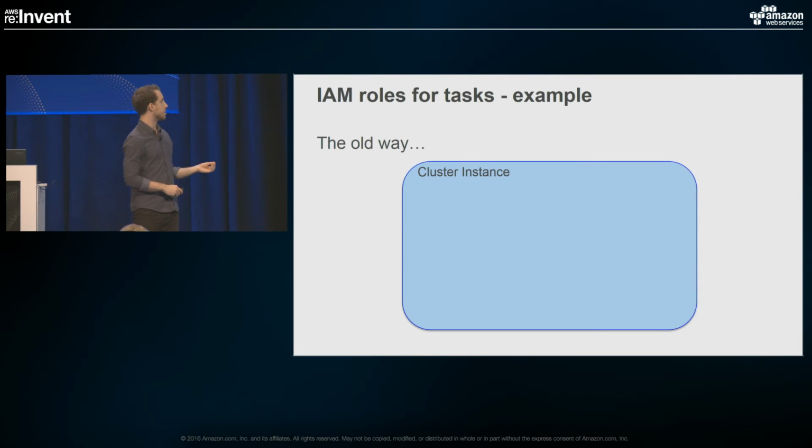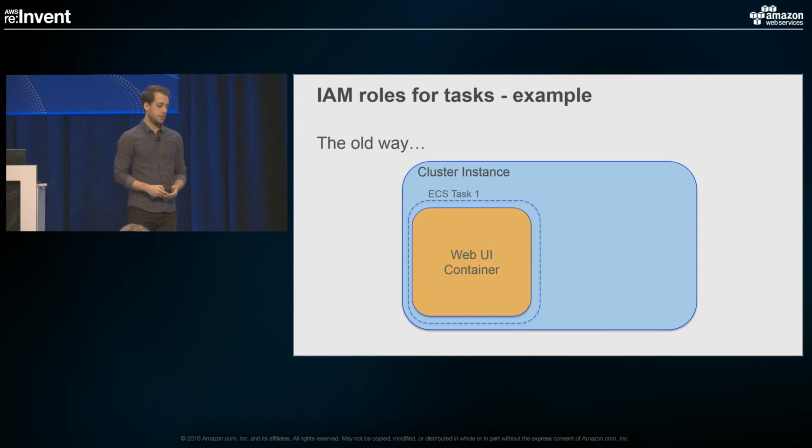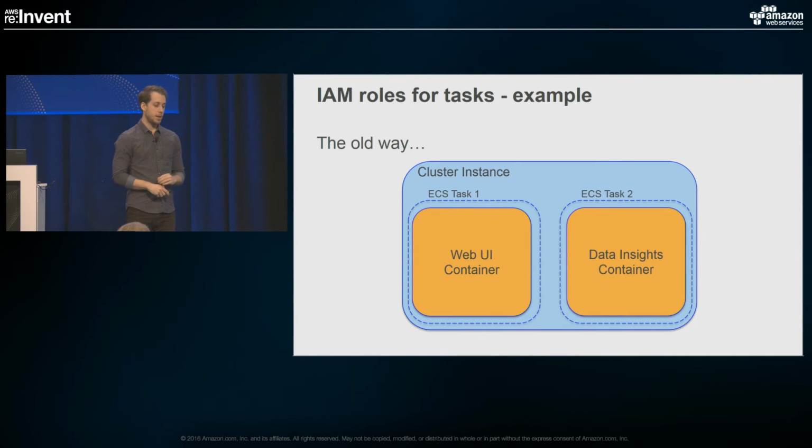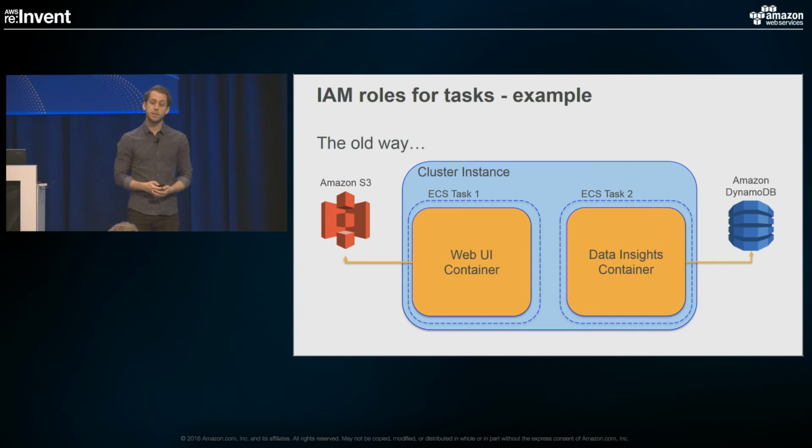So the old way looks like this. You have a running cluster instance, and you would deploy a task with maybe a web UI or some sort of app on it. And then maybe you had another container running in a separate task on that same instance. Maybe the web UI container had some static content stored in S3 that it would have to use S3 API calls to reach out to and grab. And maybe that data insights container would be making calls back to a DynamoDB database to fetch information.